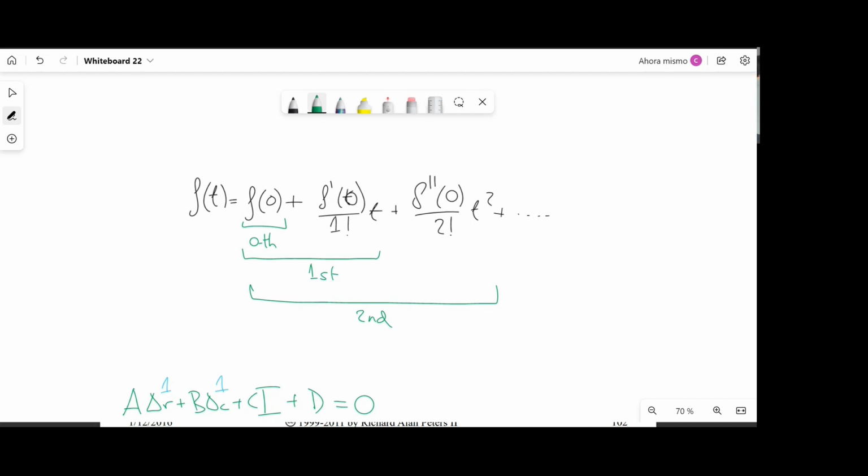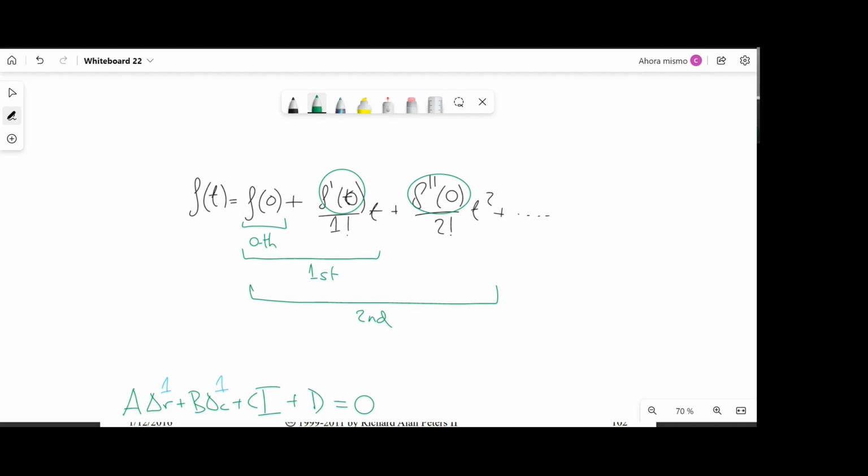So that means that the higher the degree that you want to include, the more derivatives you are including. And we know how to estimate derivatives.